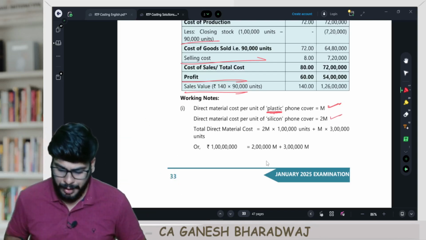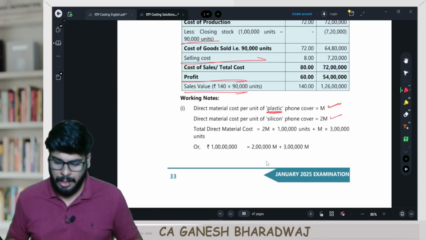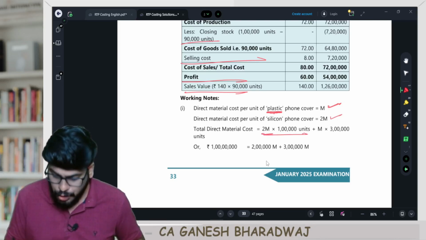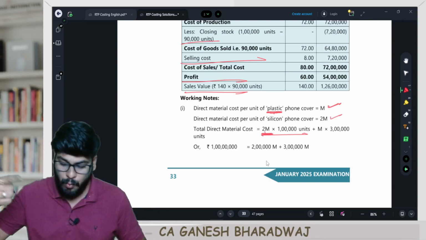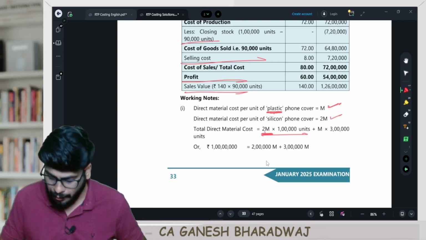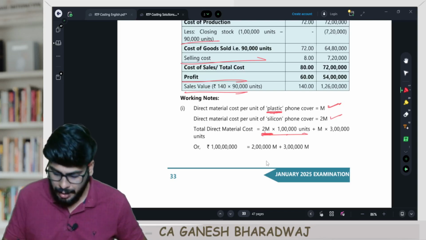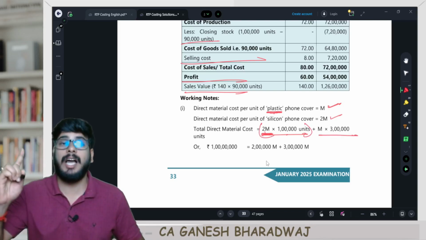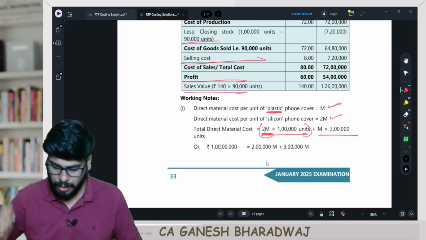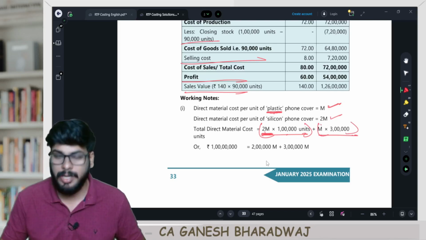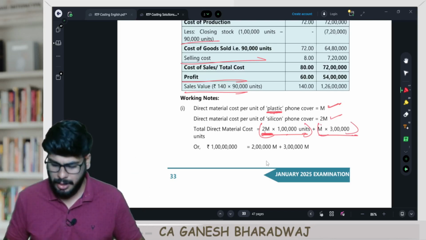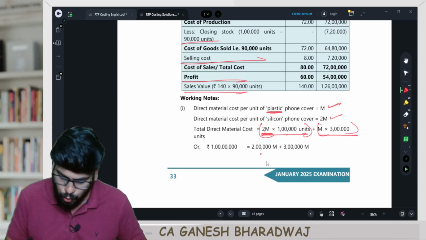Yes. Now, the total direct material cost will be what? 2M into 1 lakh. The per unit material cost is 2M, and I am producing 1 lakh units of silicon phone cover. So 2M into 1 lakh, plus M into 3 lakh. I am producing 3 lakh plastic phone covers, and the per unit material cost of plastic phone cover is M. This will be the total material cost, which is equal to 1 crore rupees.